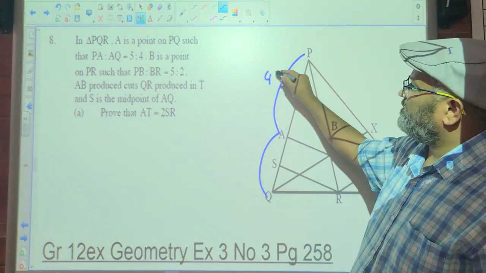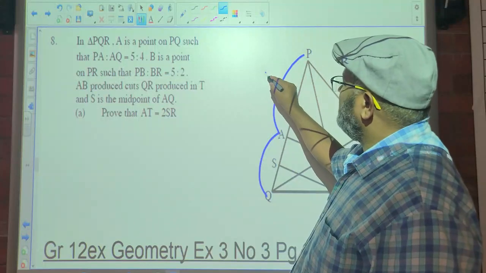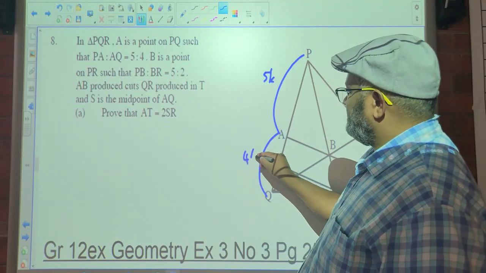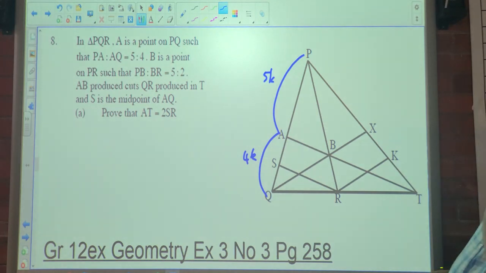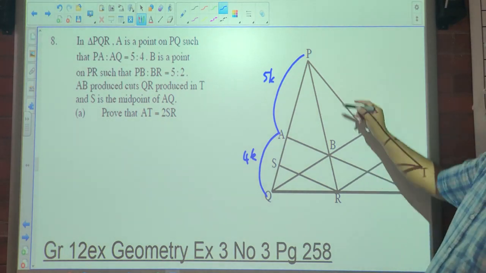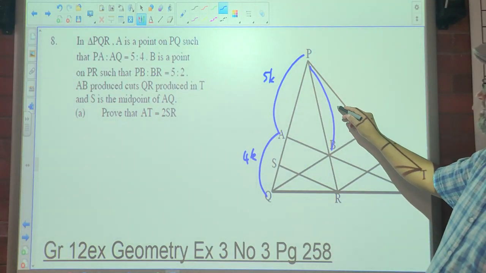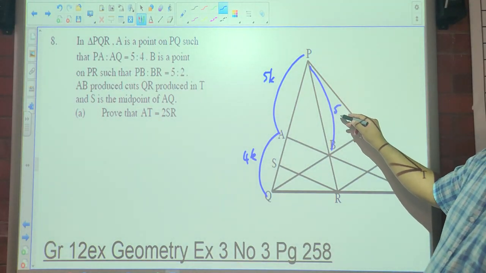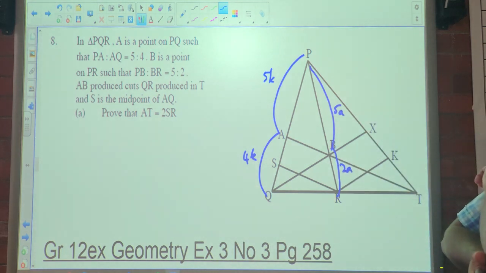So I'm going to put here 5K and 4K. Then we are told that B is a point on PR such that PB to BR is 5 is to 2. Now I can't just use K again, so I use 5a and 2a.